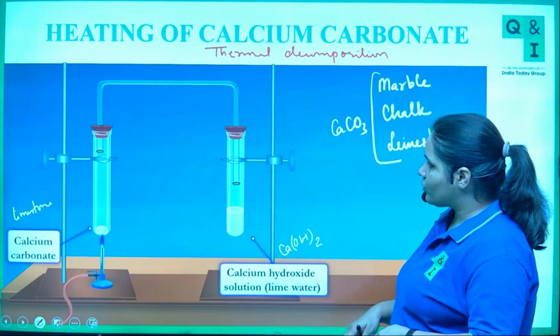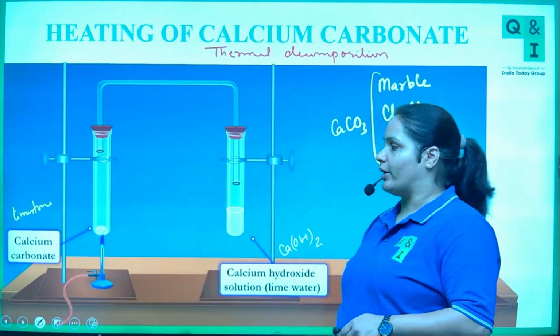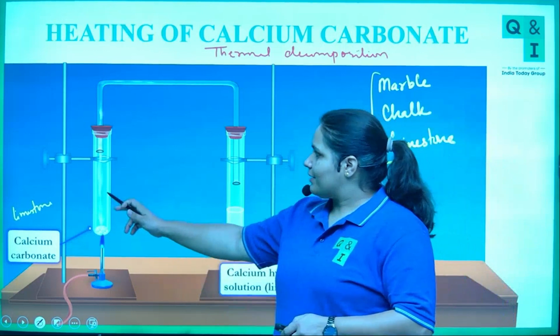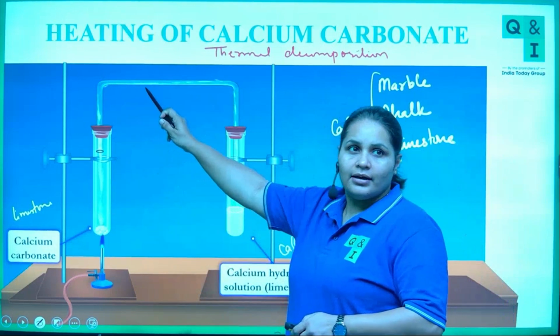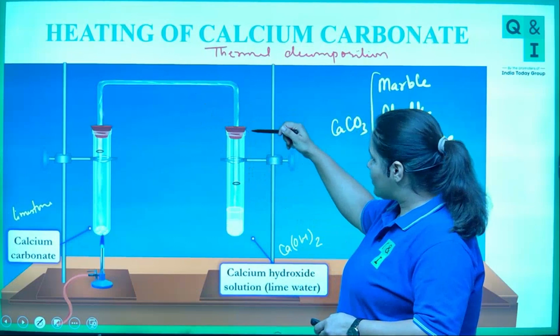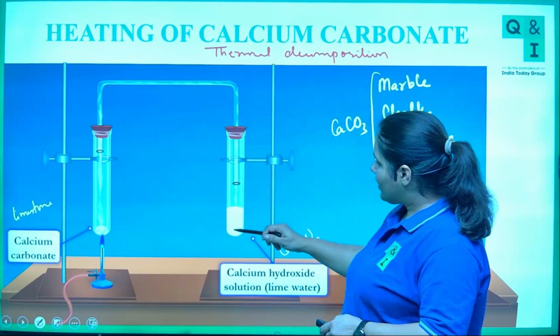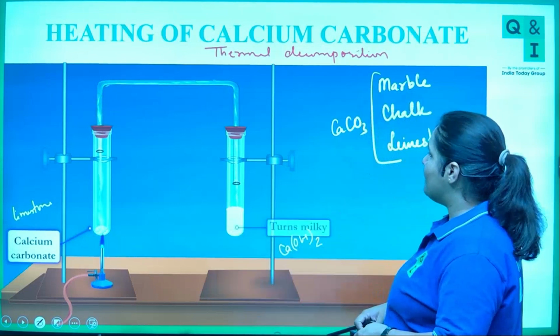Now we are going to heat the tube containing calcium carbonate. So what do we observe here? A gas is evolved during it. It goes into the other test tube, and the lime water turns milky, right?